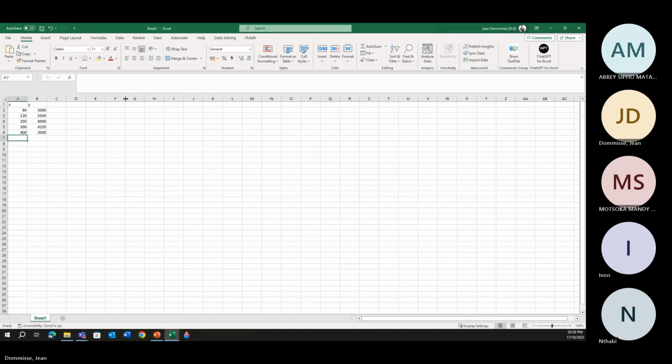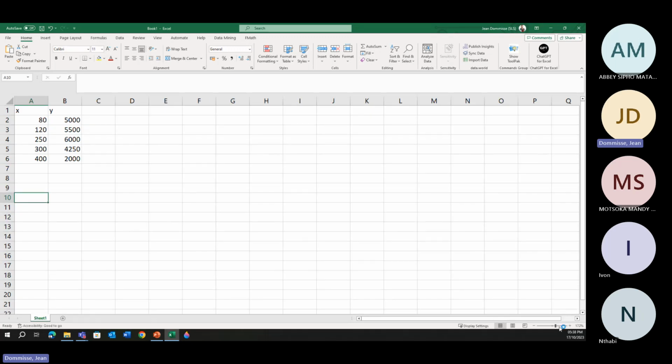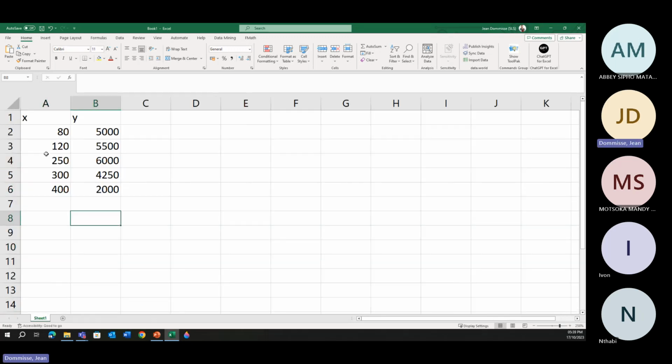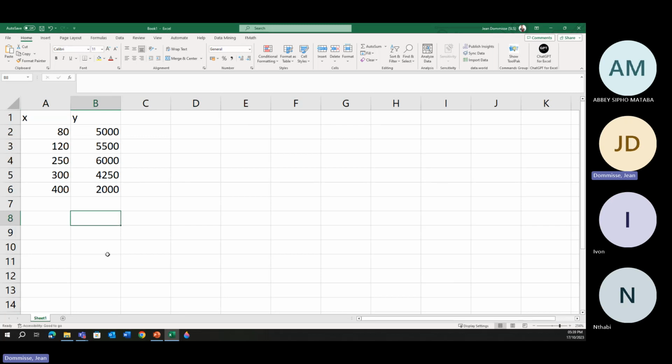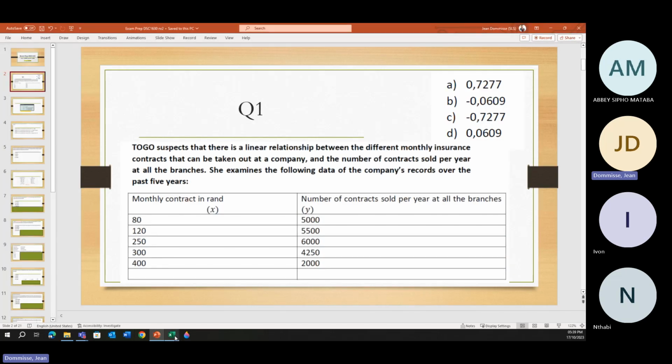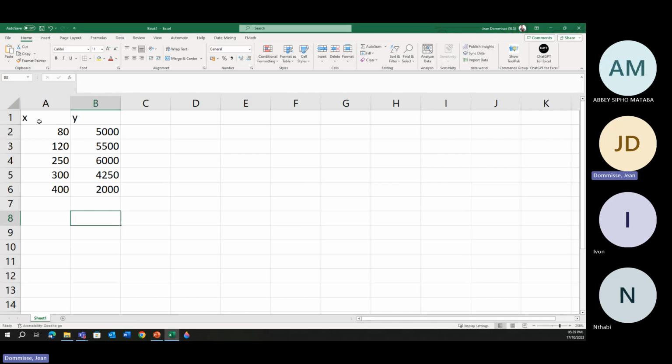What I've now done is, and there are ways to do this in your financial calculators as well, but I just put in the data, so you can see it's exactly the same data that I used.